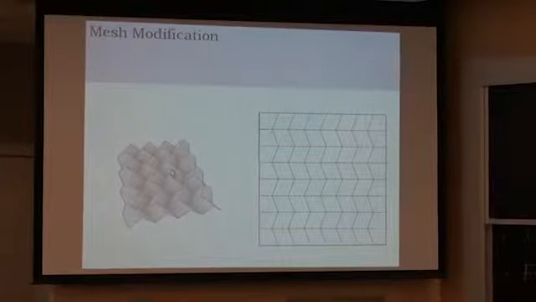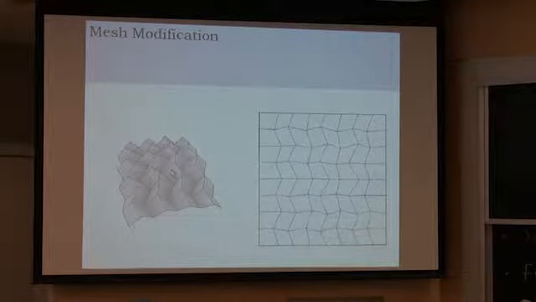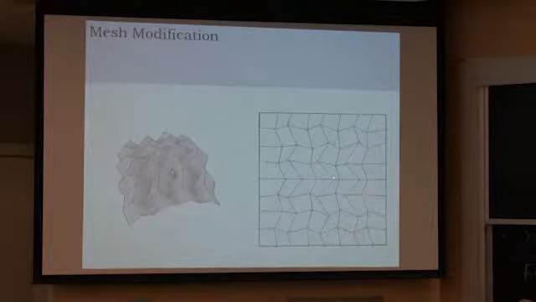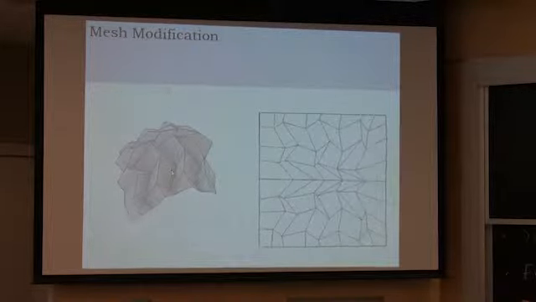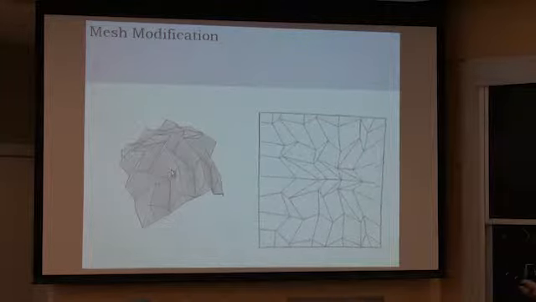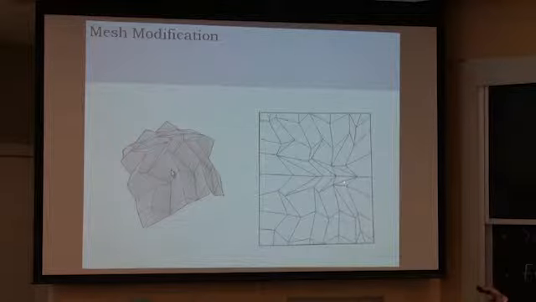and mesh modification. So if you see these patterns change, and these are getting very degenerate triangles, and those are removed by this operation. So this is interesting because you will end up in different patterns with similar properties.